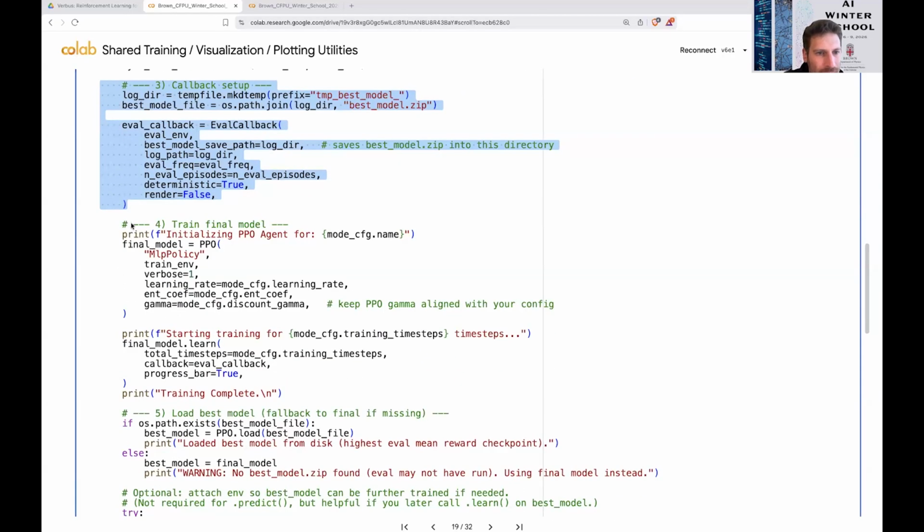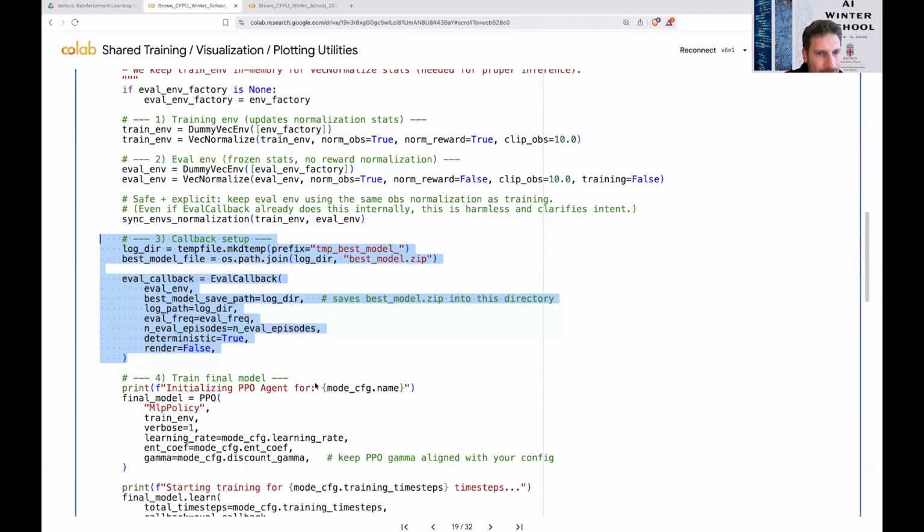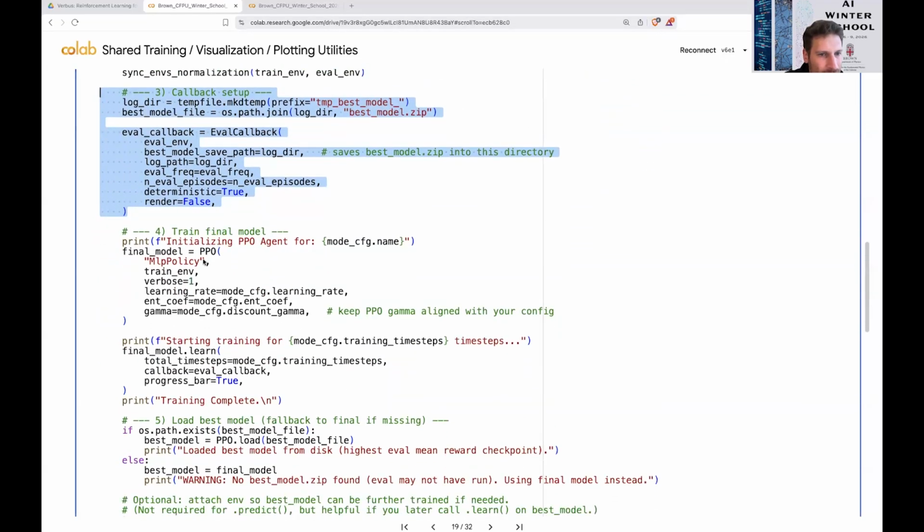Okay, so basically the training is happening here. It's actually pretty simple. We specify PPO. There's a few parameters here that we talked about earlier. These are defined in our little config: the learning rate, the entropy, the discounting from gamma, all of that we talked about earlier.